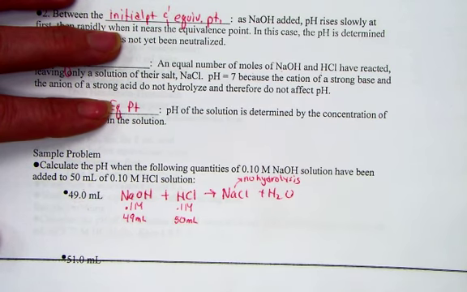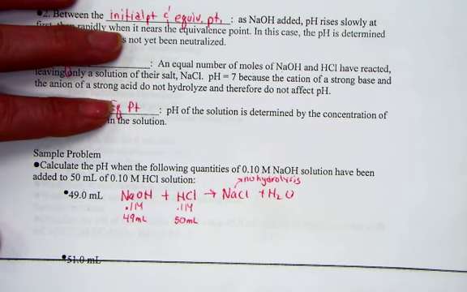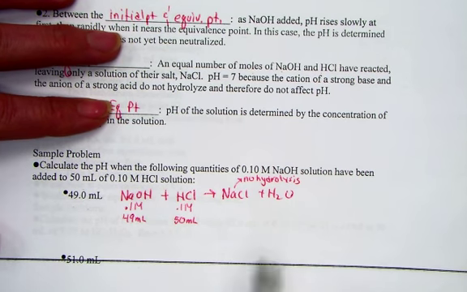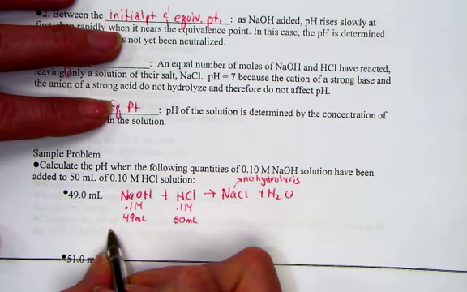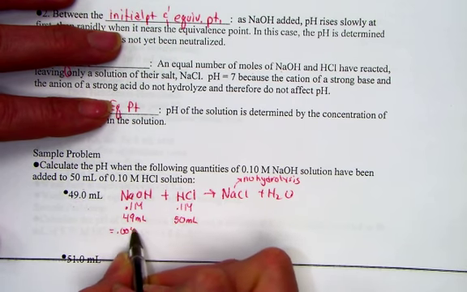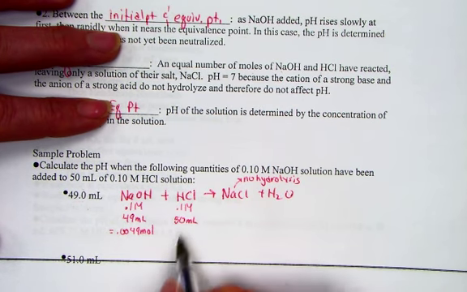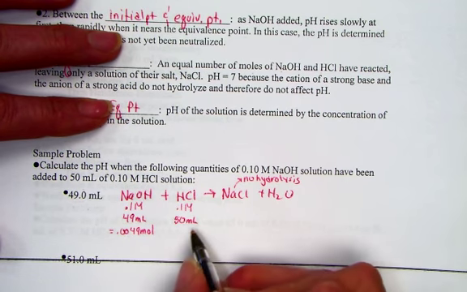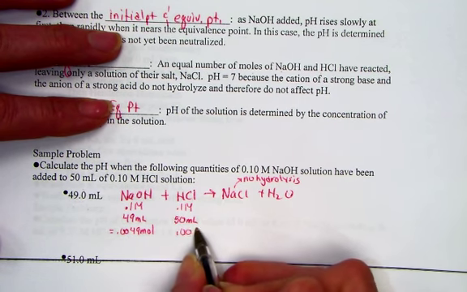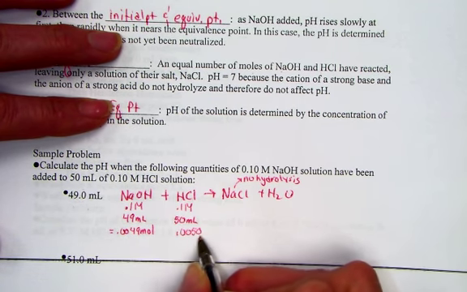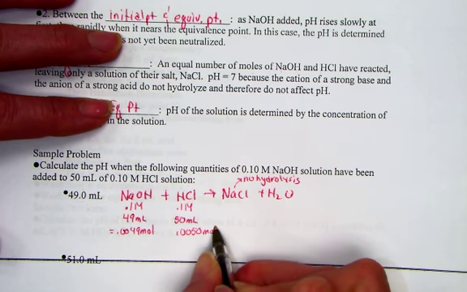Let's do molarity times liters and determine the number of moles and consider the stoichiometric ratio. 0.1 times 0.049 liters gives us 0.0049 moles of the base. 0.1 times 0.05 liters gives us 0.005, and think of that if you'd like to, 49 and 50 in millimoles.